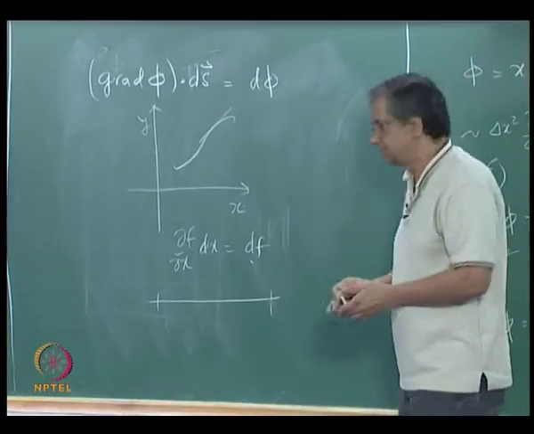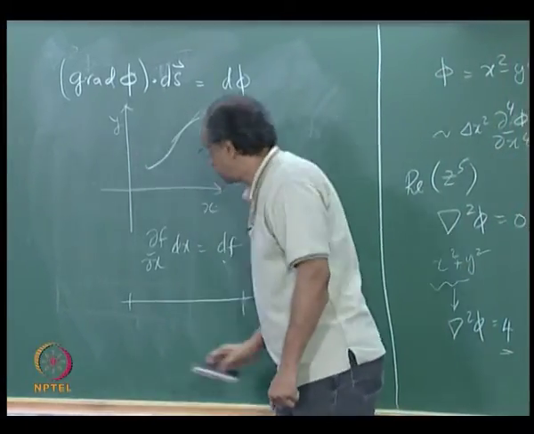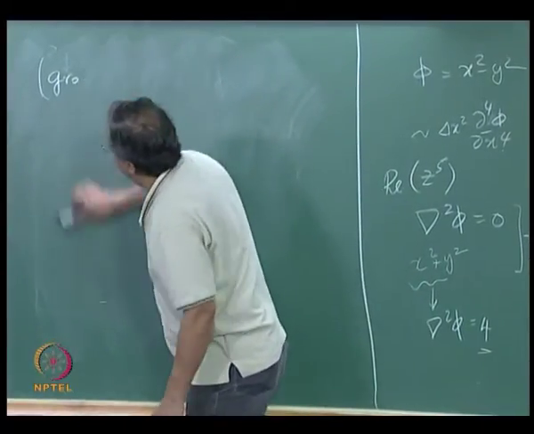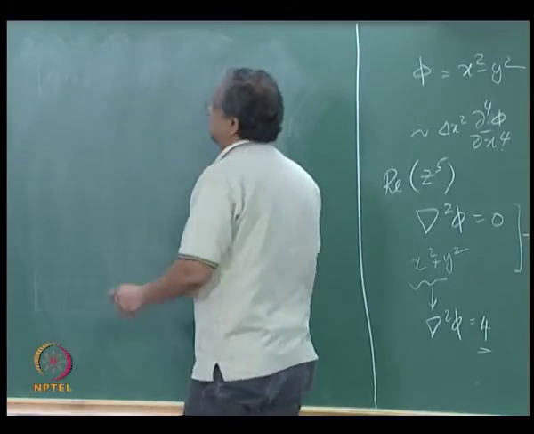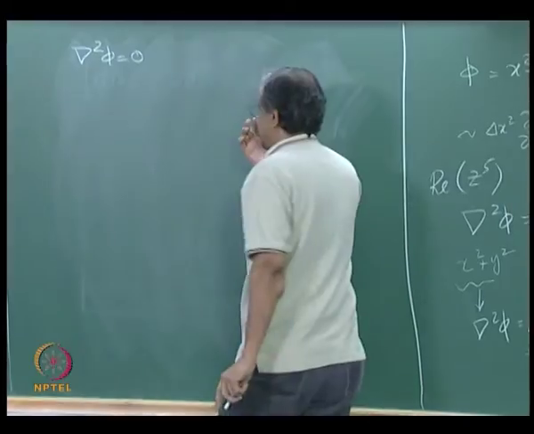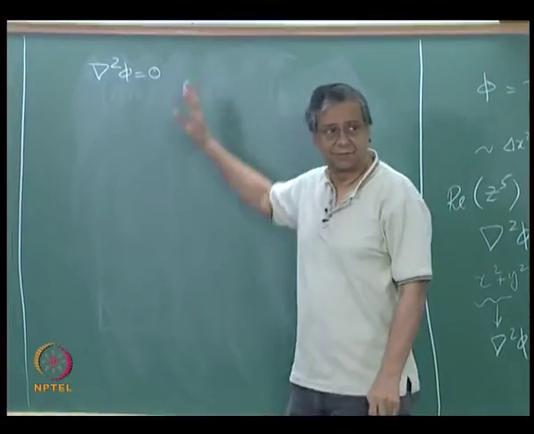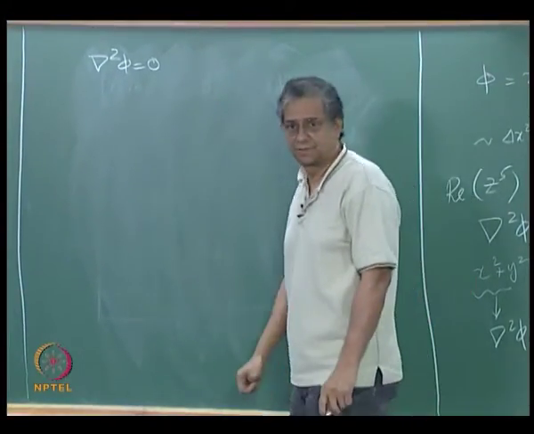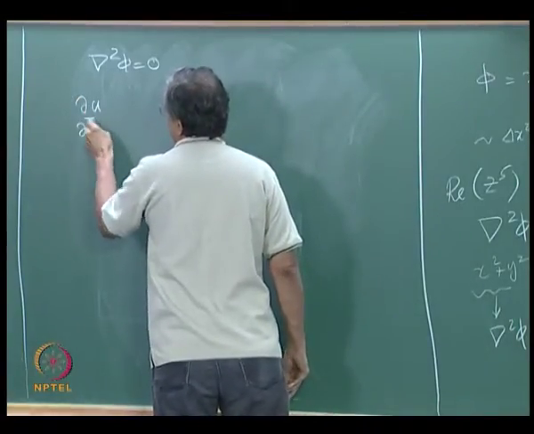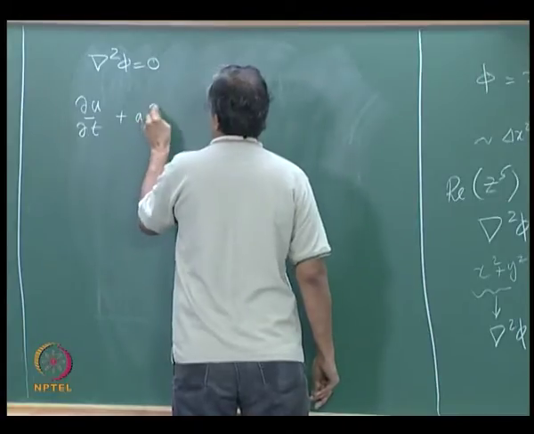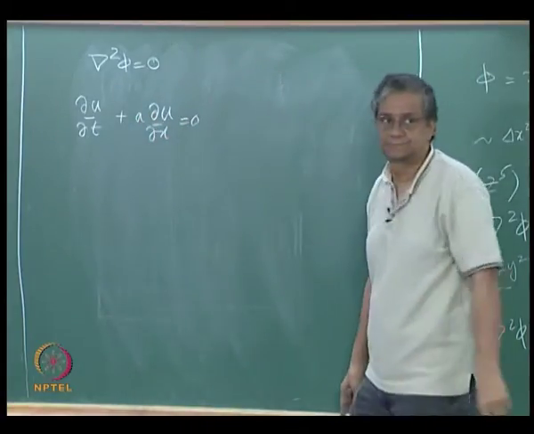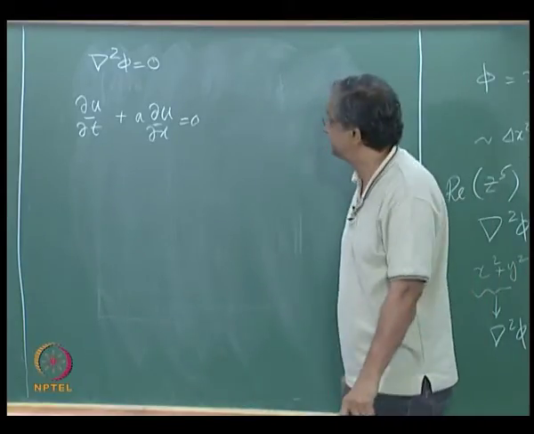Okay, right. So we will now change gears as I had indicated. We have looked at this equation so far. Let us look at a different equation; we will come back to this later in the semester. I am going to look at the equation dou u dou t plus a dou u dou x equals 0.